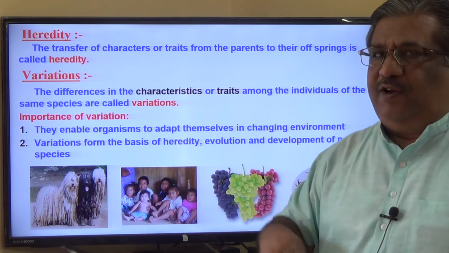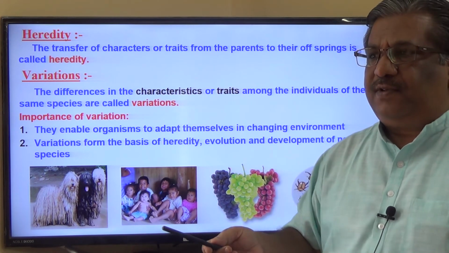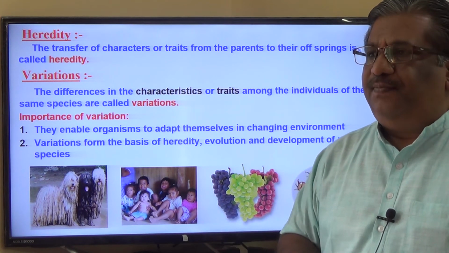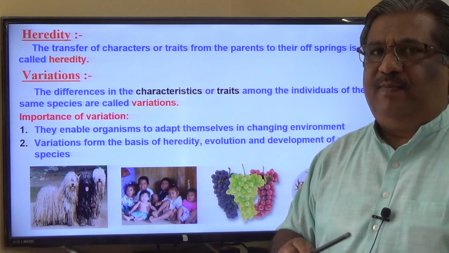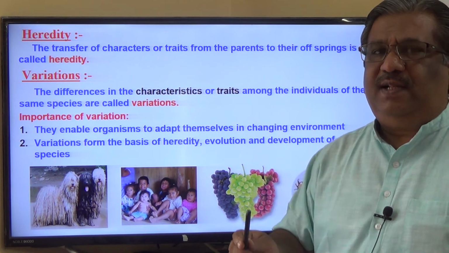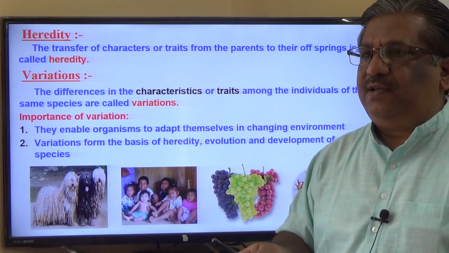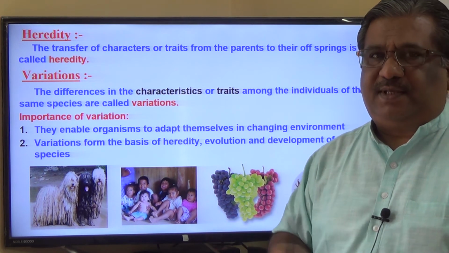If you consider the human beings, of course, all the human beings will have two legs, two hands, etc. The body structure will be similar, but definitely there are certain features by which we would be able to distinguish from person to person.